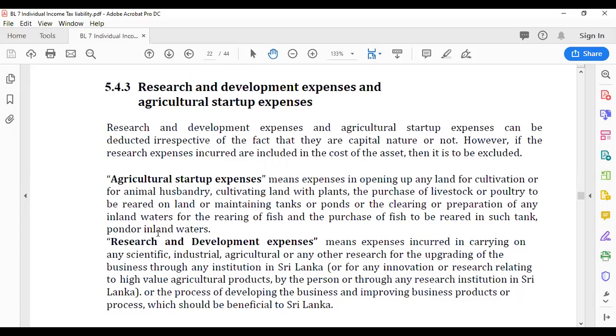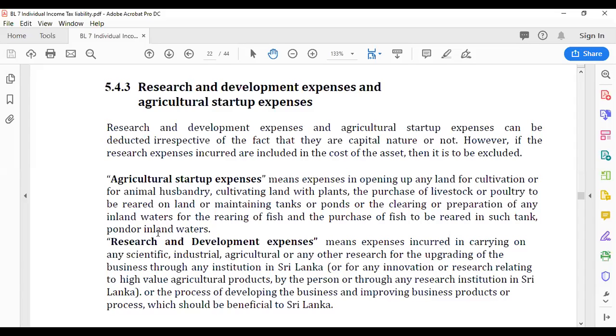So for example, now you are producing facial cream, right? Now you are going to introduce an advanced version. At present you are producing a whitening cream. The specialty of this whitening cream is that once you apply it, the face becomes bright after 2 weeks.